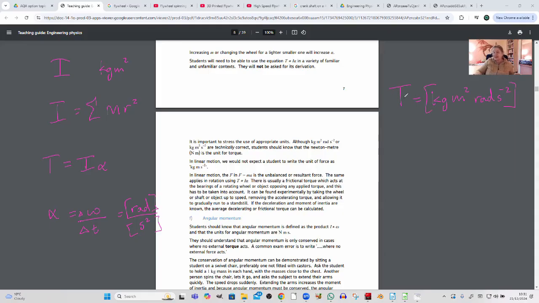That is effectively the unit for the torque, but you shouldn't use that.